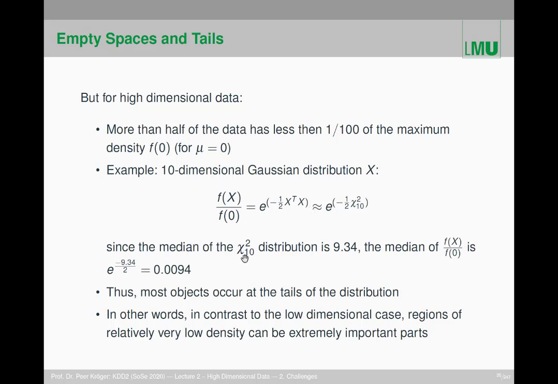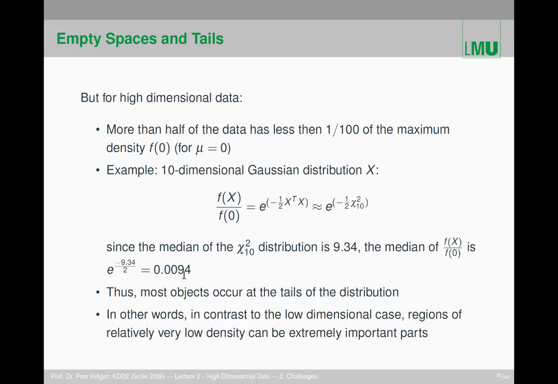The median of the chi-squared distribution, with 10 degrees of freedom, 10 being the number of dimensions, is 9 point something. So the median comes down to e to the power of this one here, which is less than 1%.